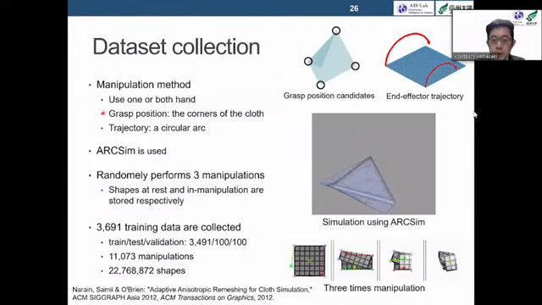As shown in the movie on the right, ArcSim provides accurate and stable cloth behavior. In one simulation, the cloth was folded 3 times. The shape of the cloth at rest and the shape of the cloth during manipulation were saved. The number of data collected was over 3,700 sets.